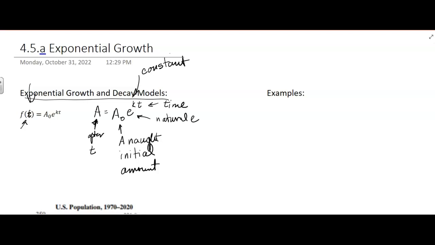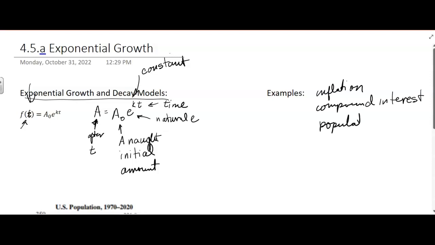So when do we use these exponential growth and decay models? Well, things like inflation, that's usually exponential. Interest, right? Compound interest. Populations are usually exponential. But you can have decay problems like radioactive material, a radioactive substance, that's decaying.